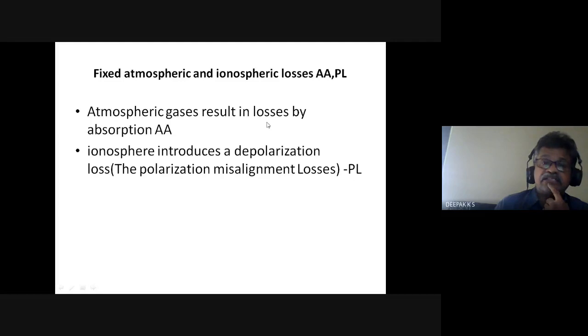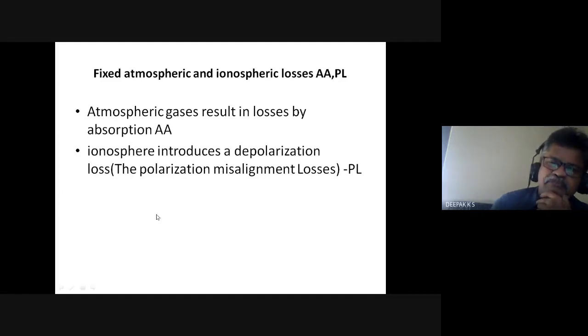Now there are other losses like atmospheric absorption. Atmospheric gases result in losses. So atmospheric absorption loss. Again, in the last class, we discussed a transponder in which 40 was the channel width of one channel and 12 such channels can be used in 500 megahertz. So to increase the channels, we use horizontal polarization, vertical polarization, clockwise and anti-clockwise polarization.